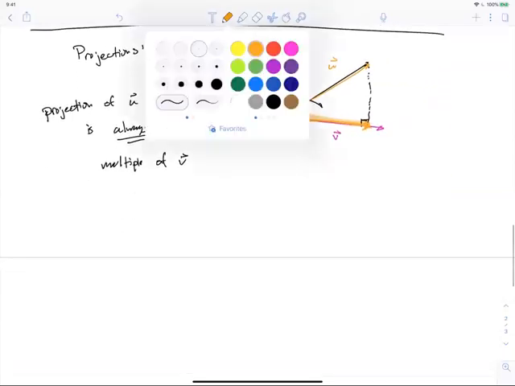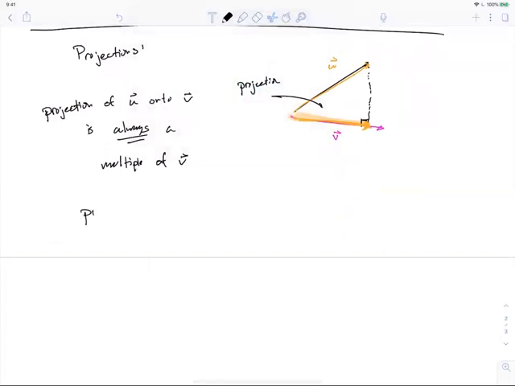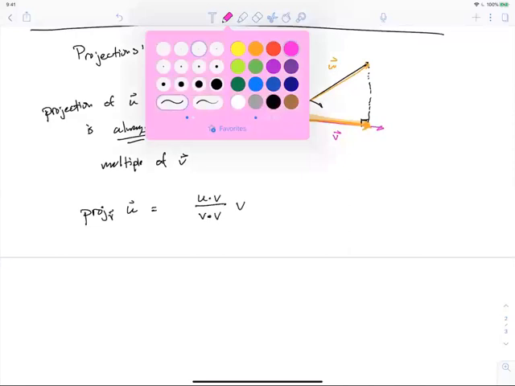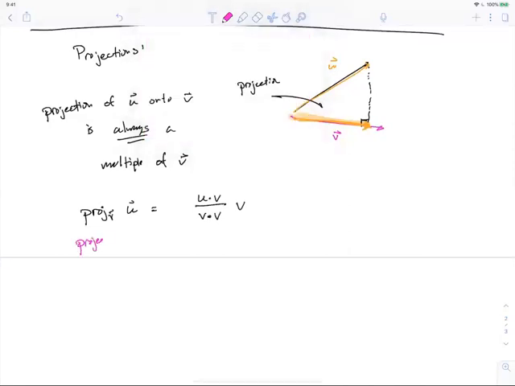From calculus, you might have seen this formula. So there's this formula from vector calculus. This is a nice formula. This is the projection of u onto v.